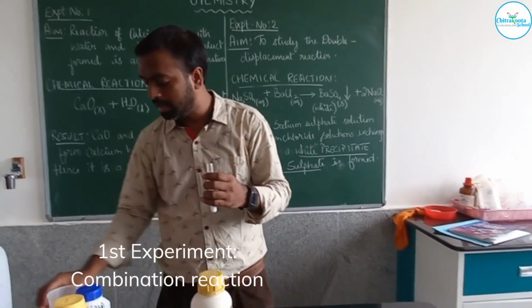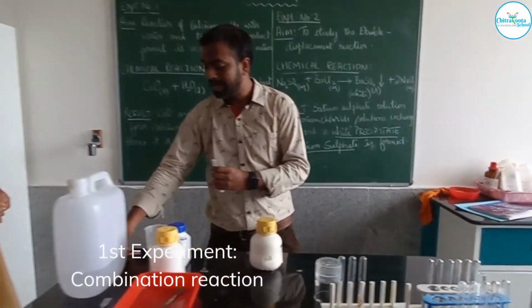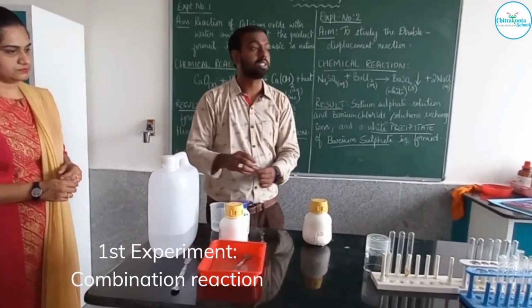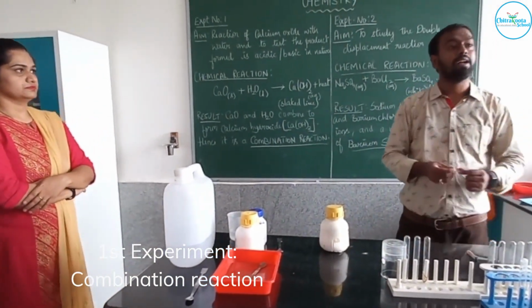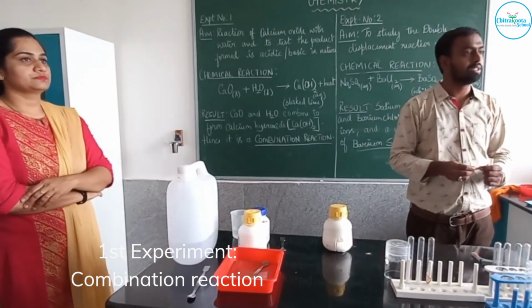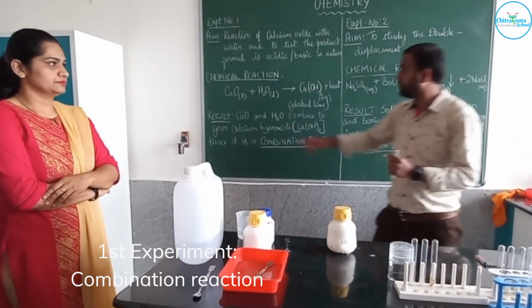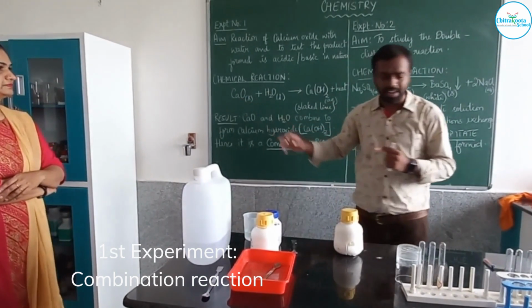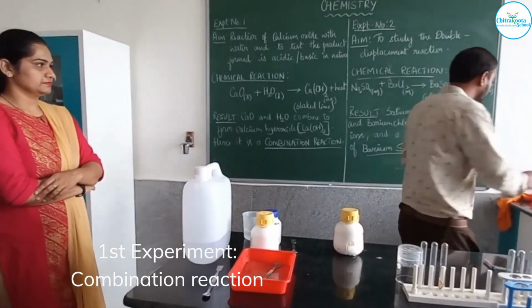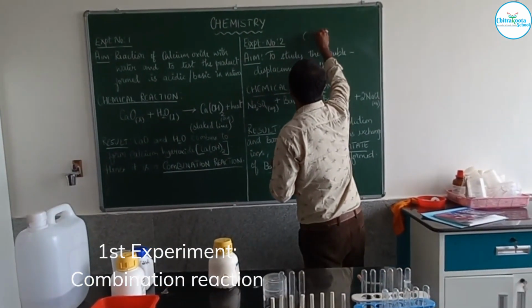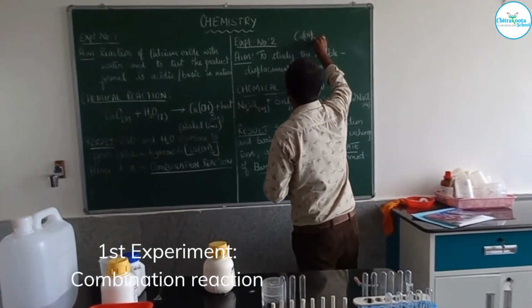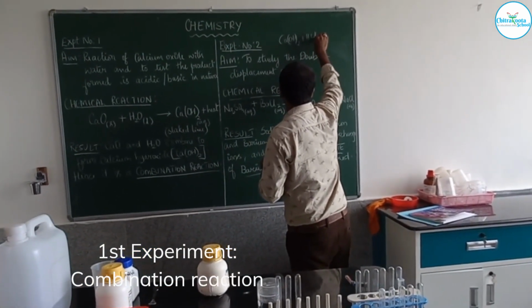Metal oxides, what do we call them? Bases. Neutralization reaction you have learned. Calcium hydroxide, like any base, will react with any acid. What will be the product? Salt and water. If I react calcium hydroxide with HCl, tell me the product quickly.